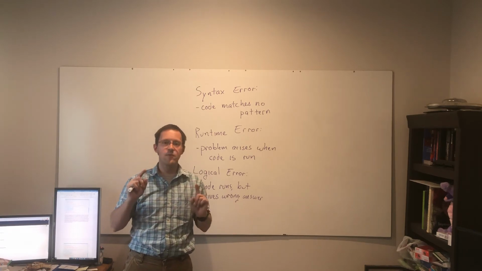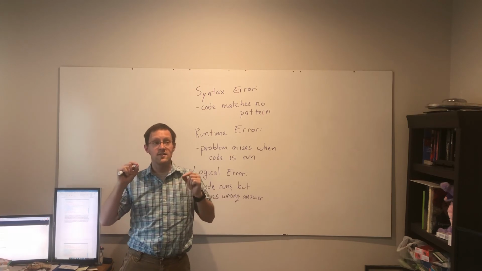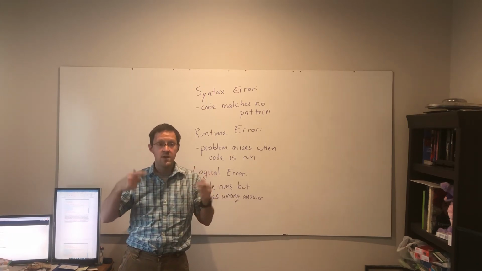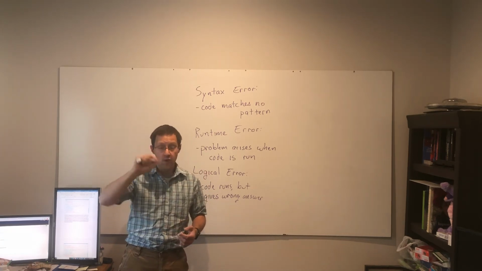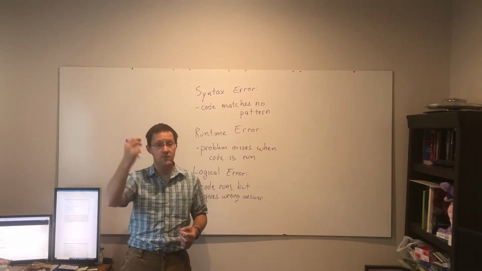That doesn't mean that's where the error is. The error actually occurred, and the fix needs to take place earlier in the code when you say price equals $500 instead of price equals 500.